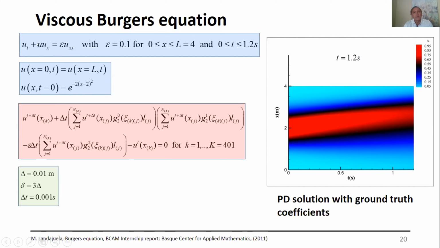I have the function itself, or the field variable itself, the first derivative G21, and the second derivative G22. In this particular case, it's one-dimensional. I have 401 points, and my grid spacing, horizon size, and time step. So this is the ground truth solution that we obtained by using the approach that I mentioned.